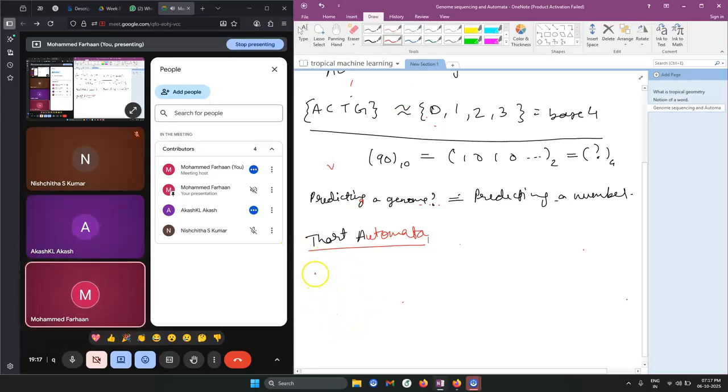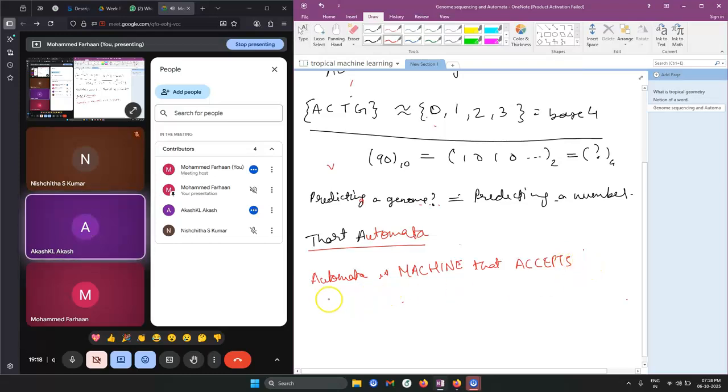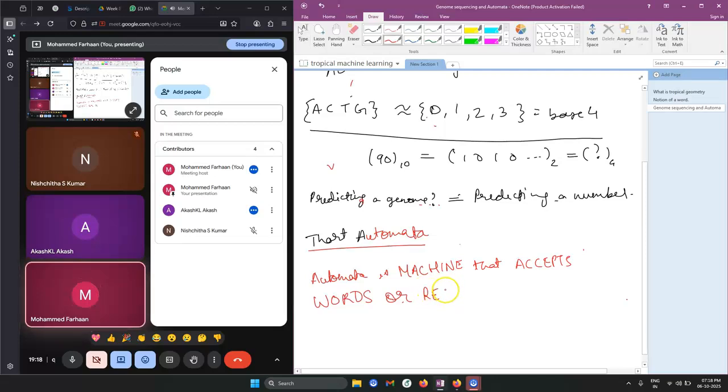Okay, so I said an automata is, let me write in bold the words that I haven't defined yet, a machine that accepts words or rejects it. Now first let's start by defining what a word is.